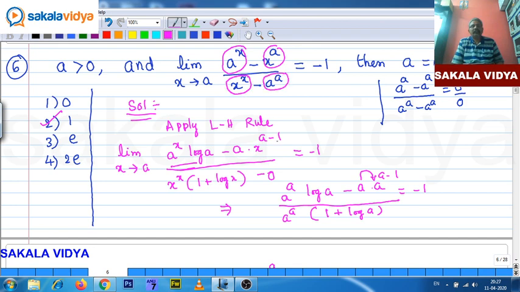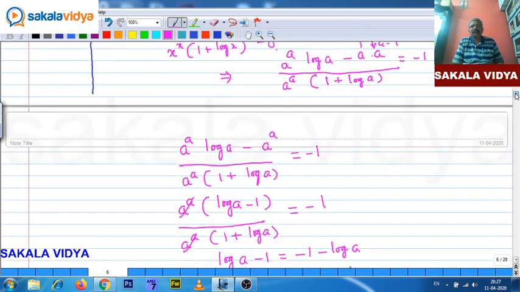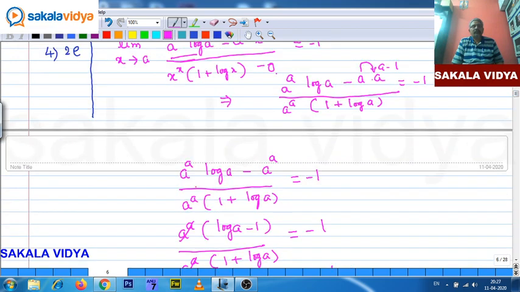Derivative of a power a is constant 0, which is equal to minus 1. Now put a in the place of x: a to the power of a log a minus a into a to the power of a minus 1 by a to the power of a into 1 plus log a equals minus 1. See the next step, a to the power of a into log a into a to the power of a minus 1 plus 1.